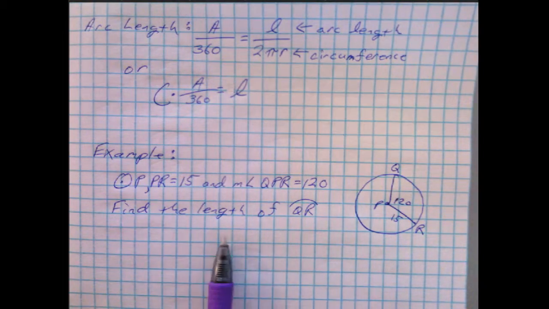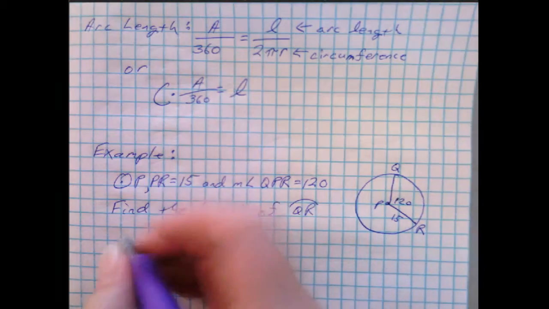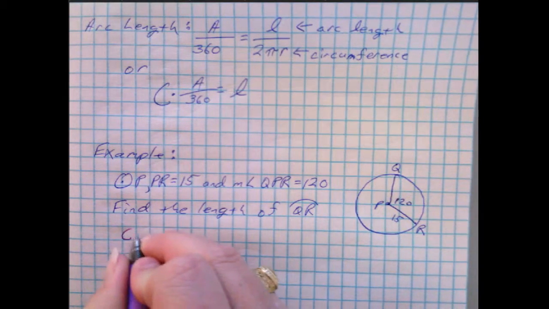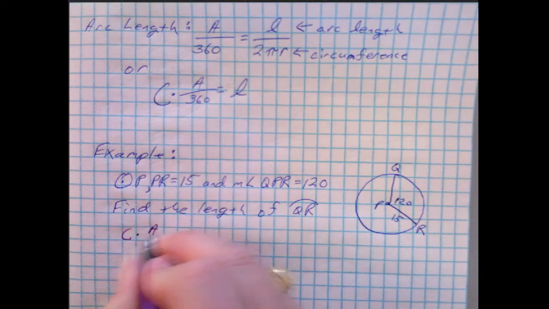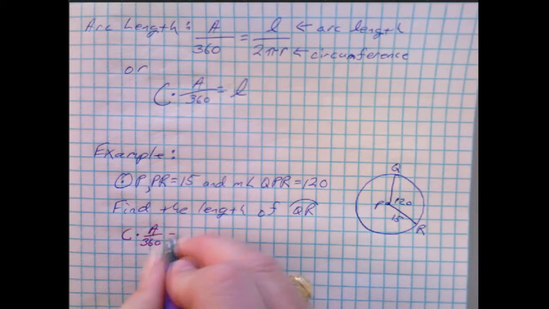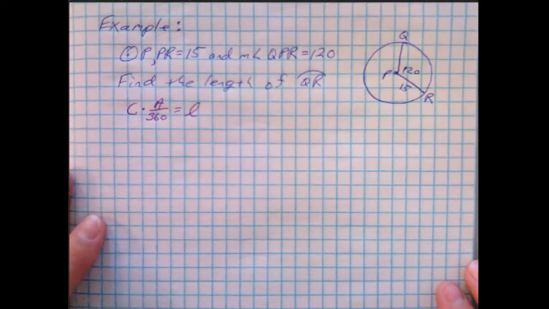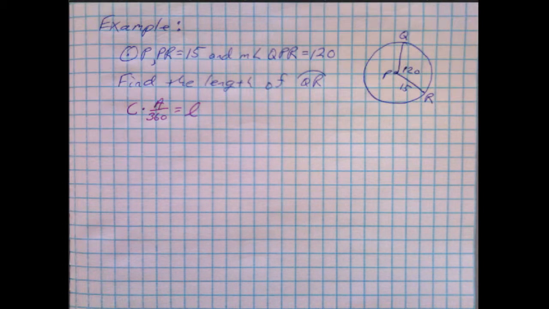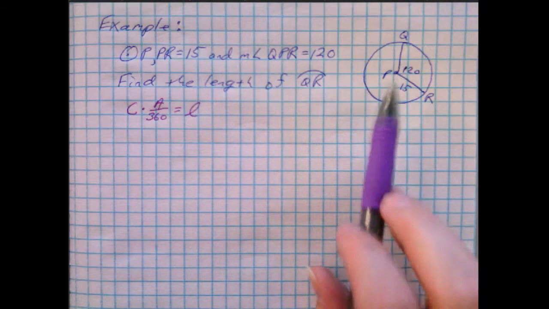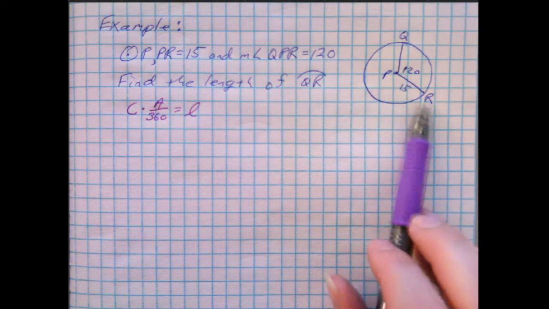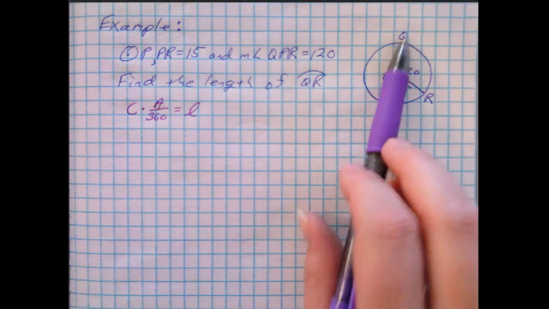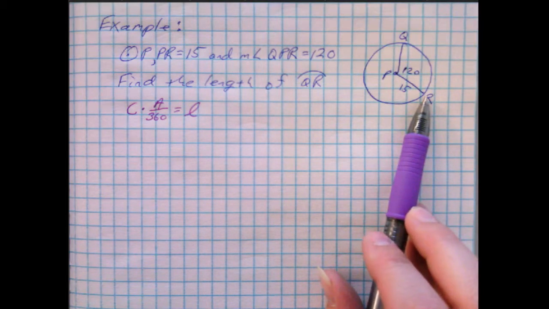Okay, so then we're going to come down here and we're actually going to work a problem. So I'm going to go ahead and bring my formula down. C times A over 360 equals L. Then I can slide this up a little bit and we have more room to work. Alright, so for this one we have circle P. We know that PR is 15 and we know that the measure of angle QPR, which is this bigger angle here, is 120 degrees.